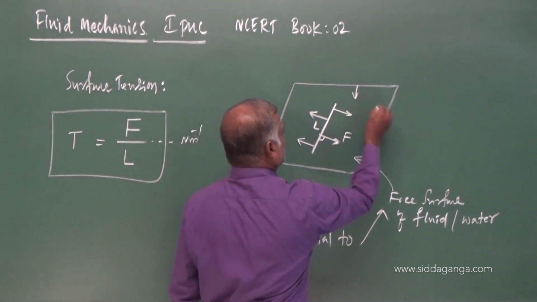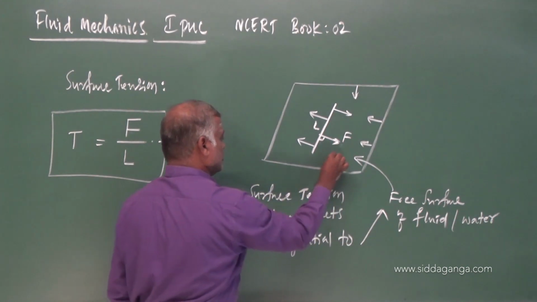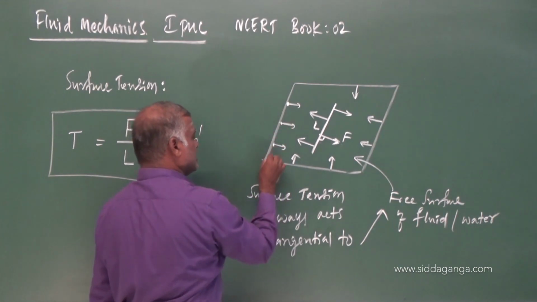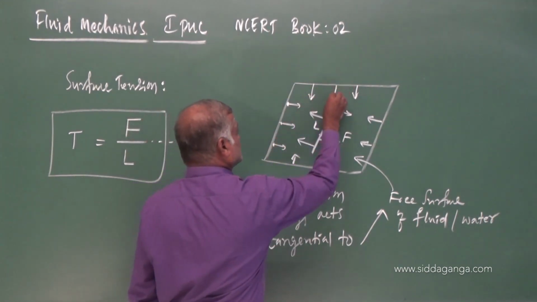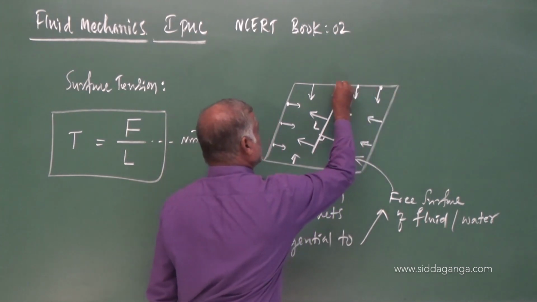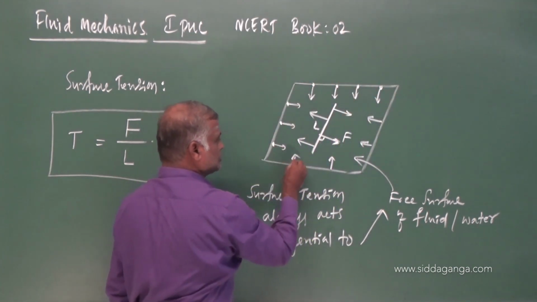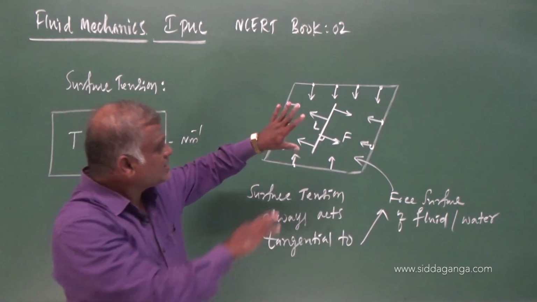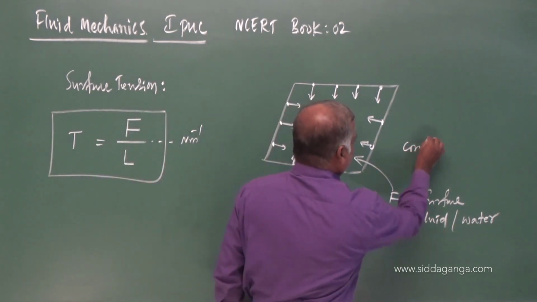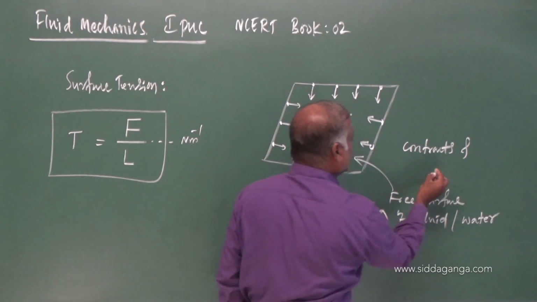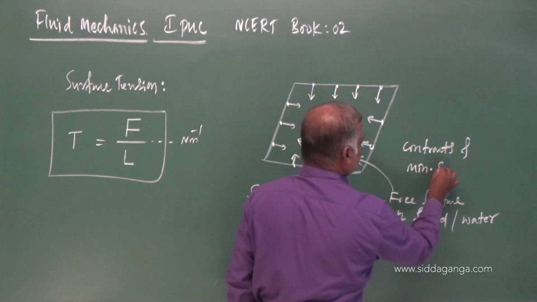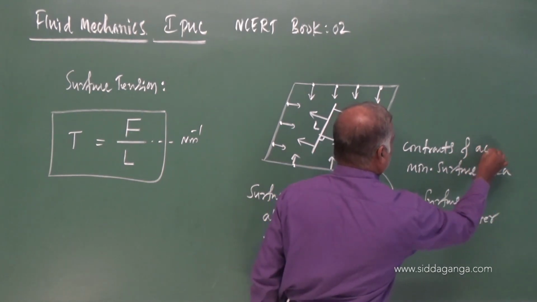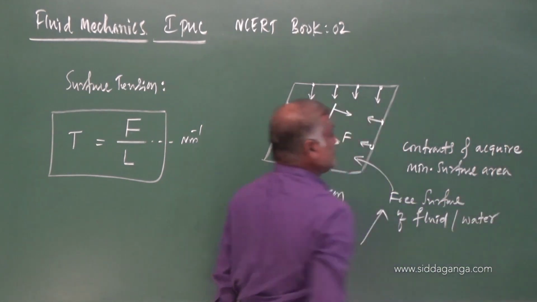Here we have a free surface. Assuming that molecules are there at the free surfaces and each molecule experiences a tangential force, this is what we can say: the free surface of liquid contracts and acquires minimum surface area.